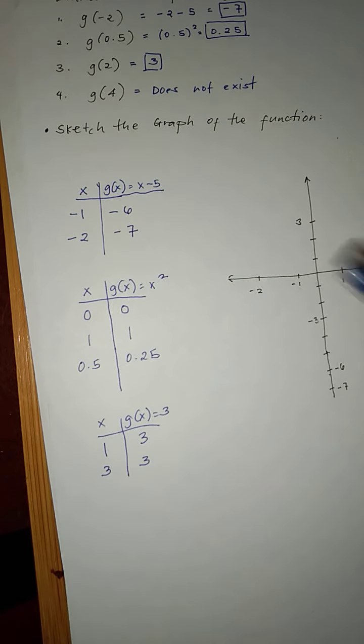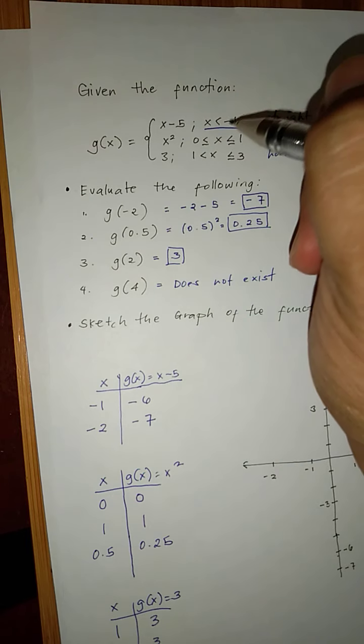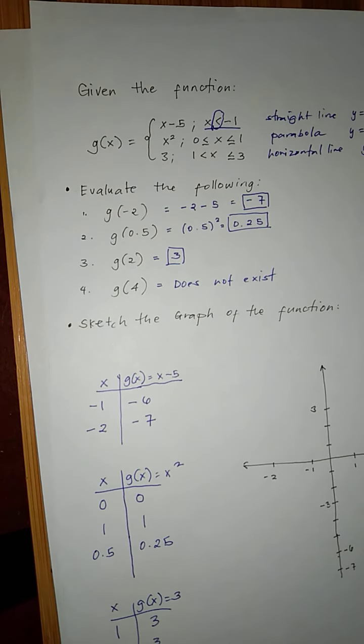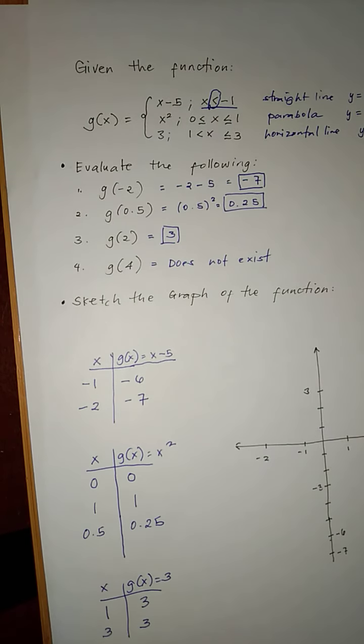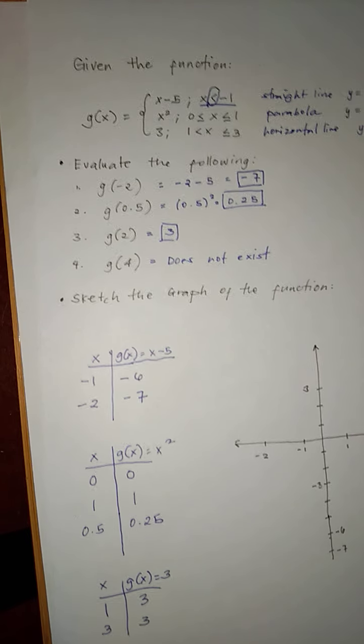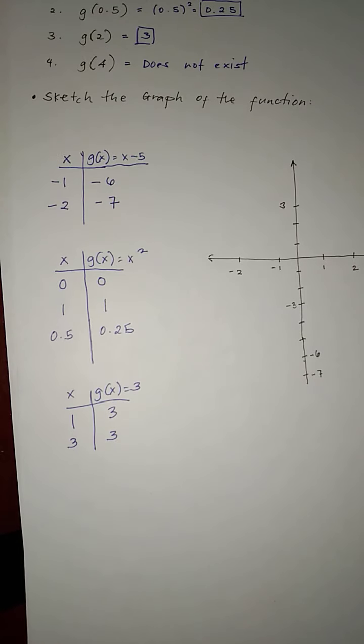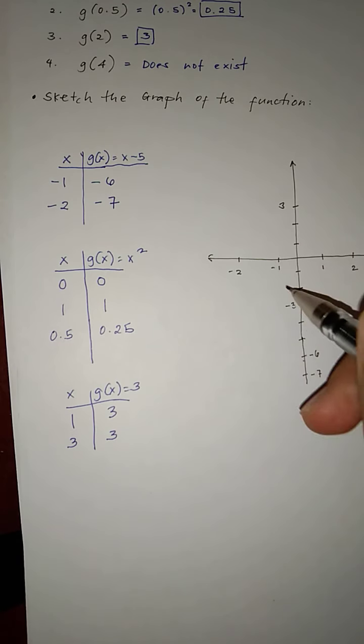Now, it is important here that you write this interval. So take note that this one, the less than sign, has no equal sign. So therefore, your boundary point will be a hollow dot. So negative 1, negative 6, therefore here we'll have a hollow dot.